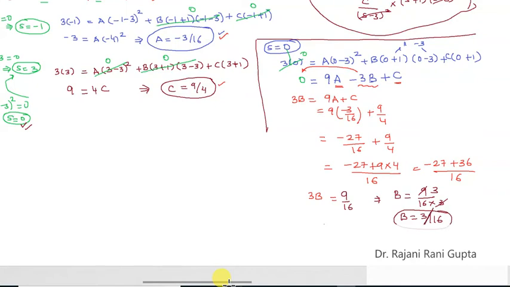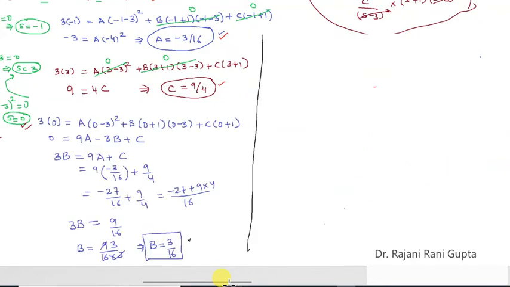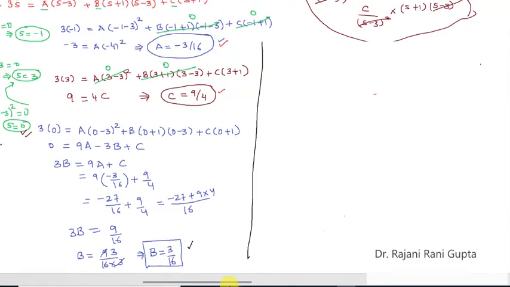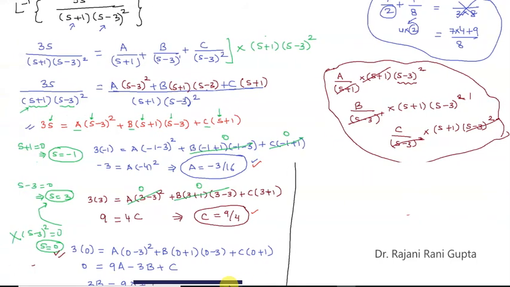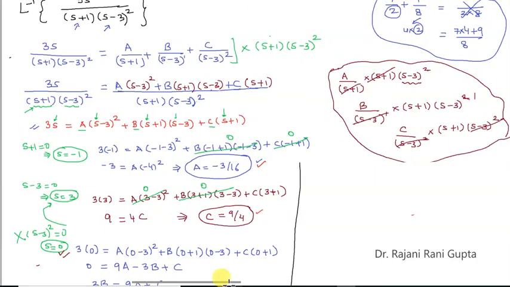3 divided by 16. Now we will substitute these values of A, B and C at the very first place where we introduced them. So it is over here.